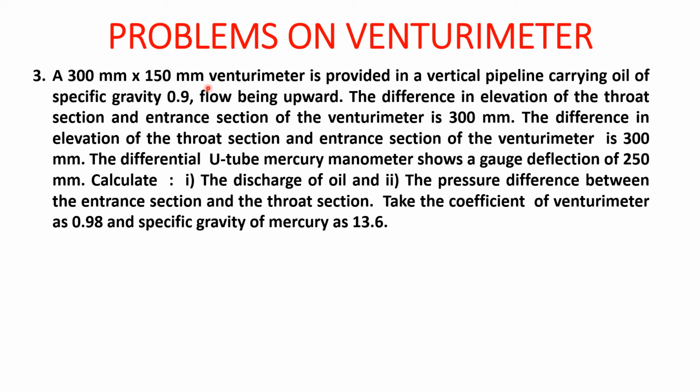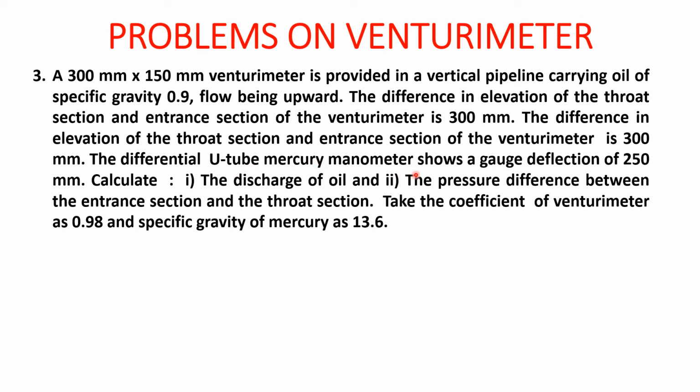A 300 mm by 150 mm venturimeter is provided in a vertical pipeline carrying oil of specific gravity 0.9, flow being upward. The difference in elevation of the throat section and entrance section of the venturimeter is 300 mm, which we have just now written here.